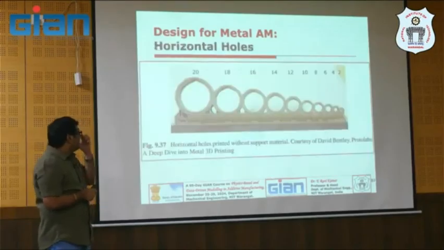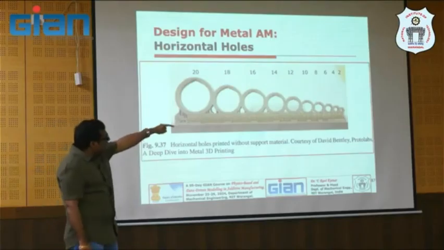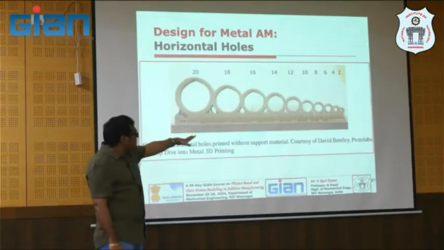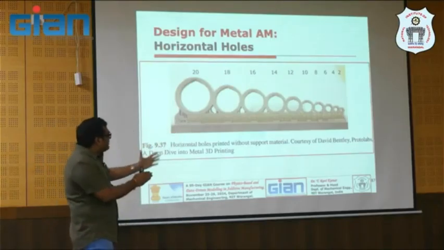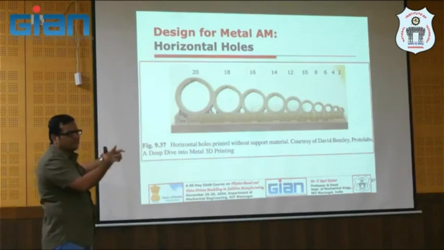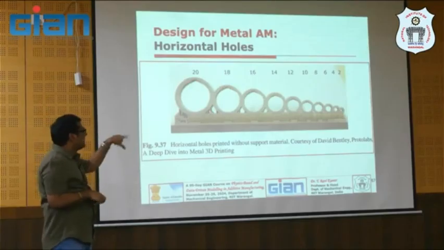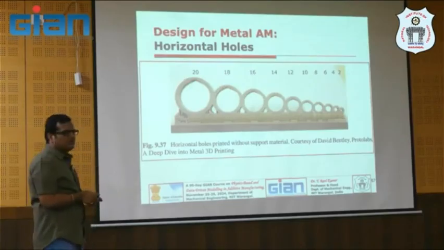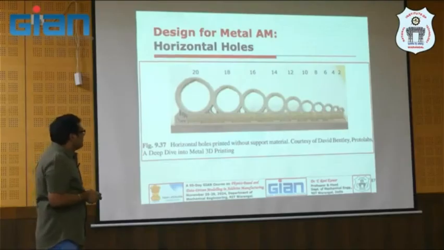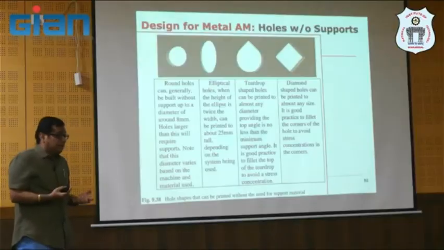and then always follow filleting of it, and then horizontal holes. So the horizontal holes, you can see from 2 mm, 3, 4 mm, 6 mm, 8 mm, above 8 mm you can see some teardrop kind of shape, even though you are trying to print it as a circle, but it's not realized. So in that case, what is the design guideline?